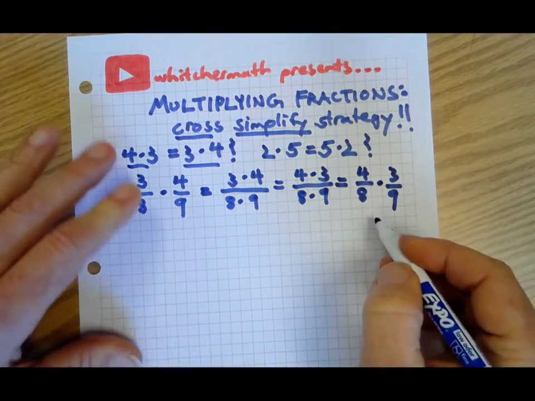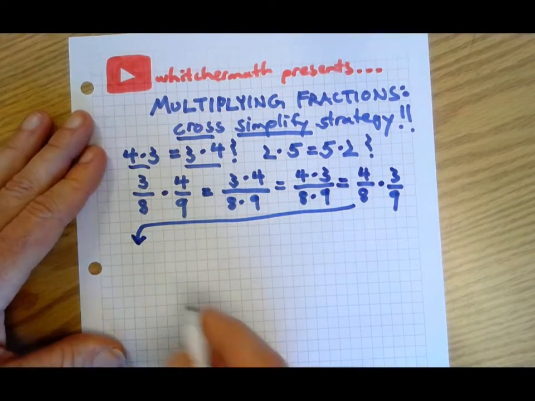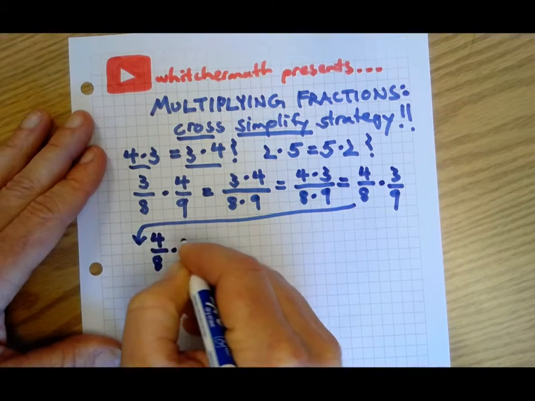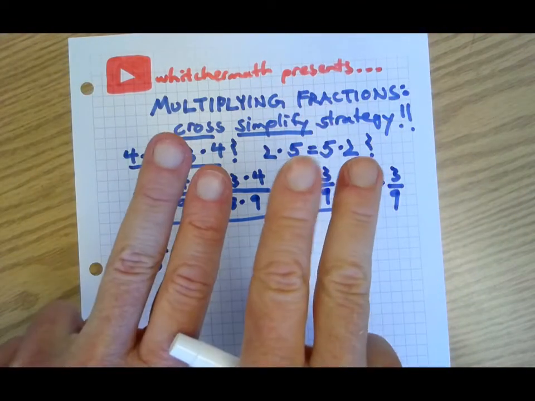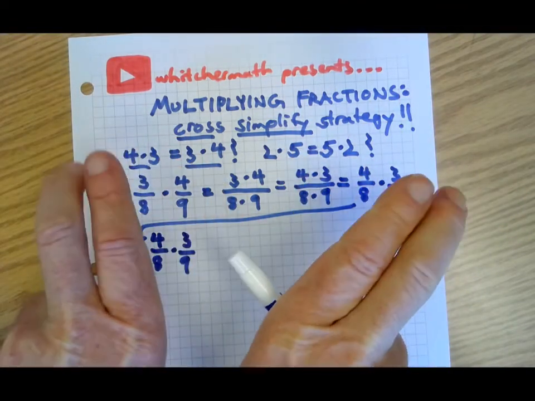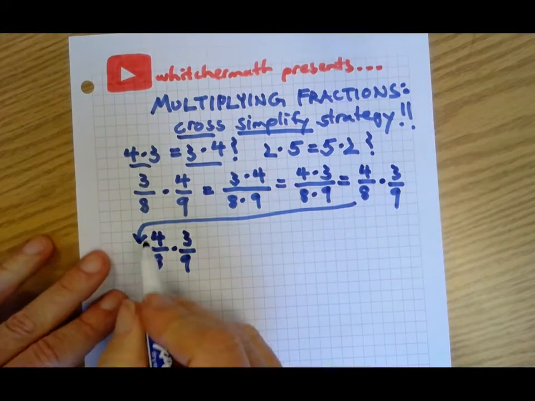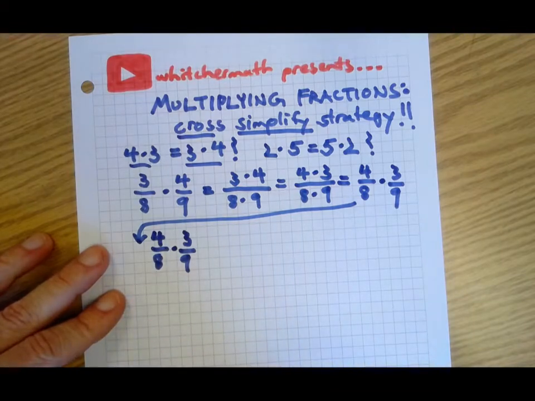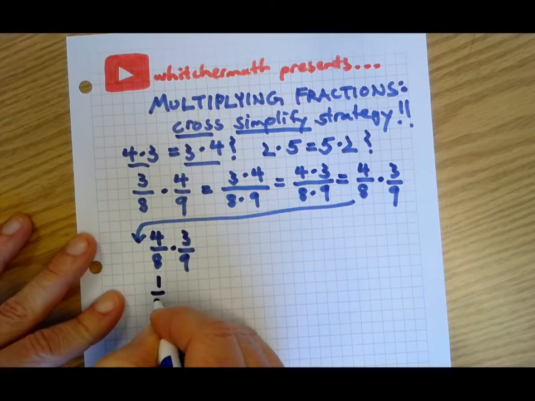But here's where it gets fun. I'm going to bring this over here. I know, I see you getting excited out there. I am excited also. So with this new problem, do you see that we can simplify first instead of later? 4/8, we can simplify that to 1/2, right?